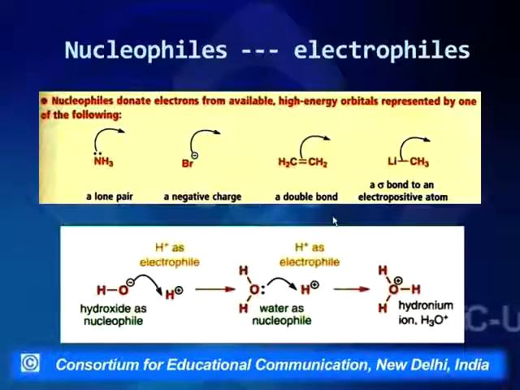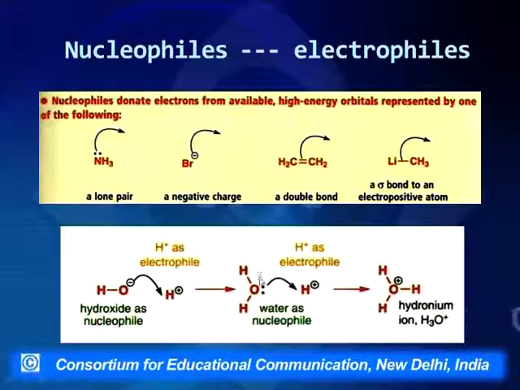Now if I talk of the next, what kind of nucleophiles and electrophiles can we have? This nucleophile, ammonia, acts as a nucleophile through a lone pair of electrons. Here bromine acts as a nucleophile through negative charge. Here it is acting as a nucleophile through pi bonds. Here again, a carbanion is acting as a nucleophile through sigma electrons. Here again a nucleophile is coming and making a bond with hydrogen, OH, and we get a water molecule.